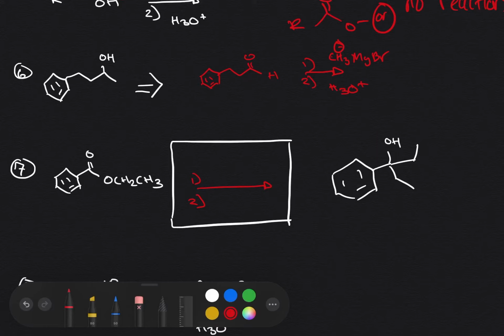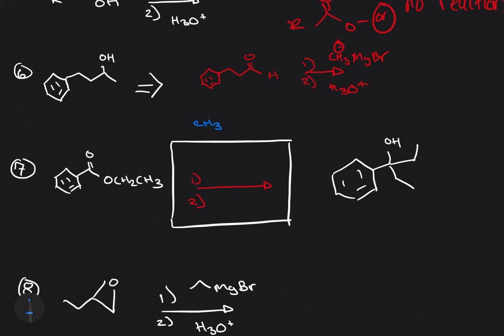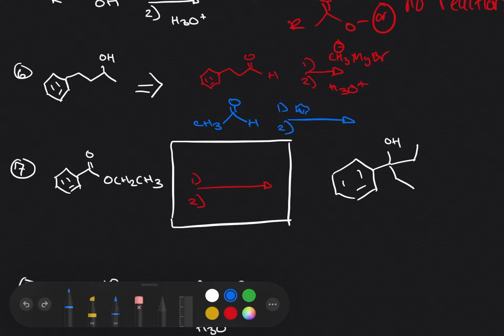Let me swap to another color here just so you can see this a little easier. Or you could have started with just a little aldehyde like this, and reacted that with steps 1 and 2, like this giant Grignard.